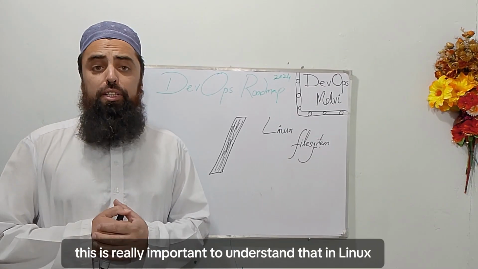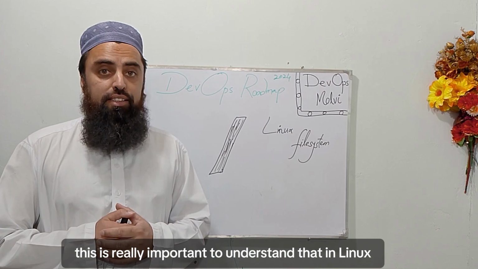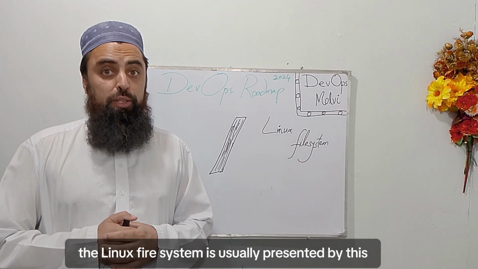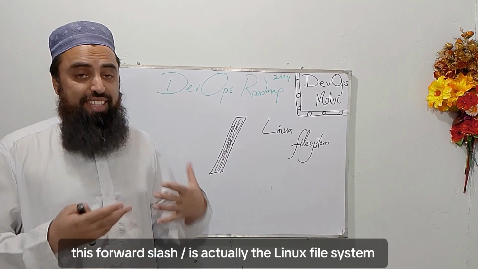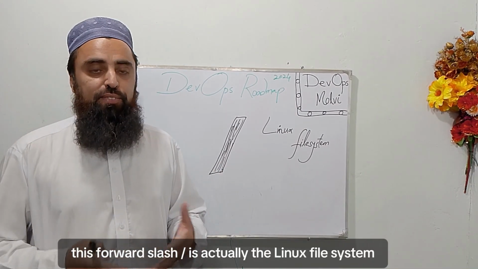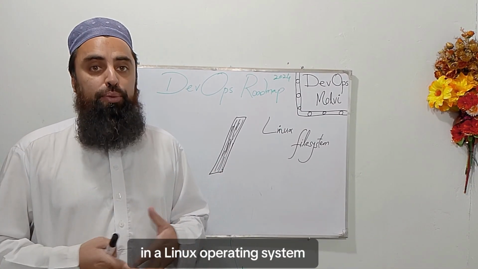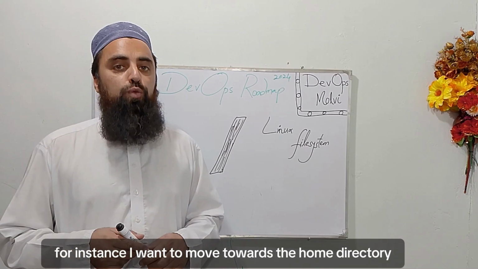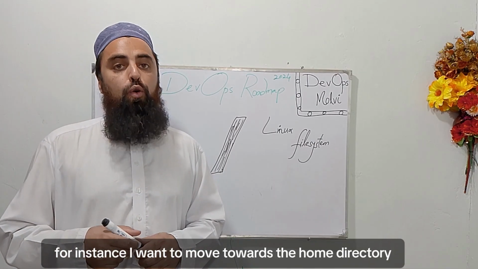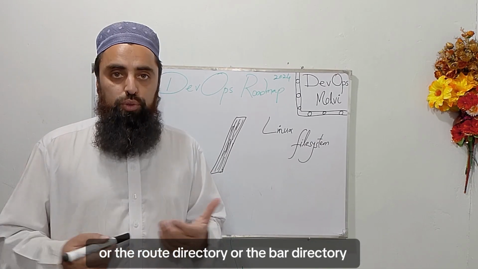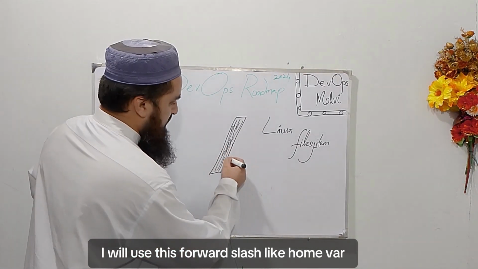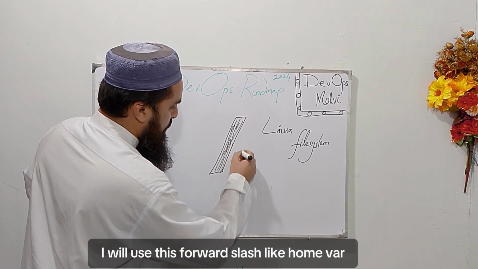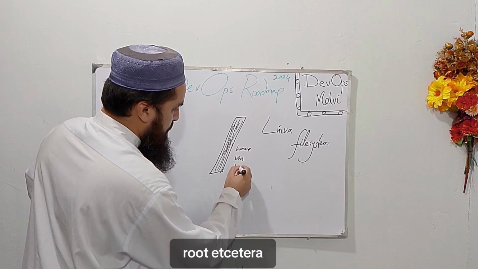So guys, it is really important to understand that in Linux, the file system is usually represented by this forward slash. This forward slash is actually the Linux file system in a Linux operating system. For instance, if I want to move towards the home directory or the root directory or the var directory, I will use this forward slash, like /home, /var, /root.